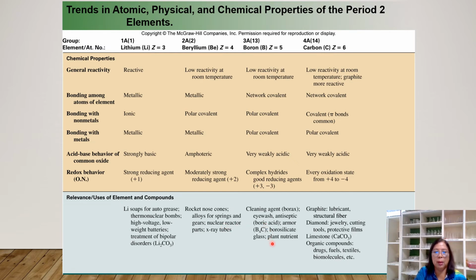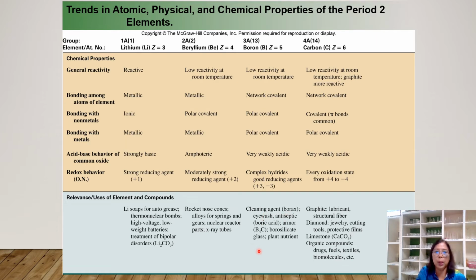And then all of them are also involved as a cleaning agent. Not only lithium, but lithium is very good in auto grease. So they are all cleaning agents, and borax is a cleaning agent.